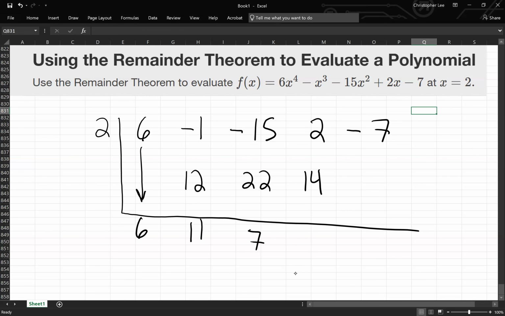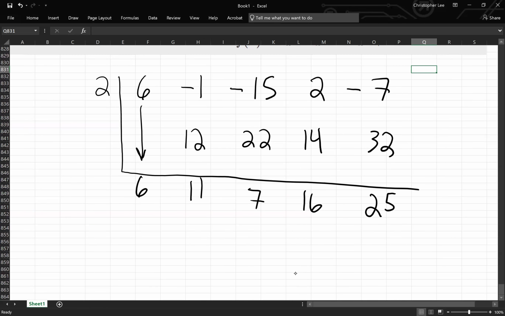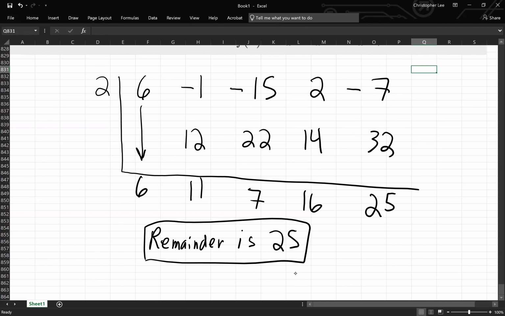Now, 2 plus 14 is 16, and 2 times 16 is 32, and then negative 7 plus 32 is what? 25. So real quick, my remainder is 25. All right? Okay?